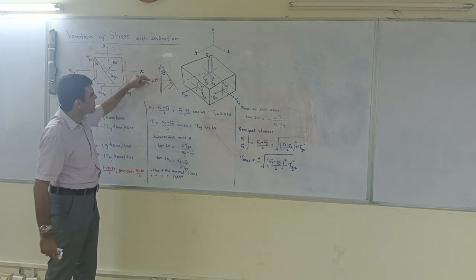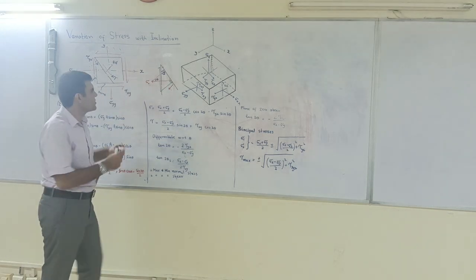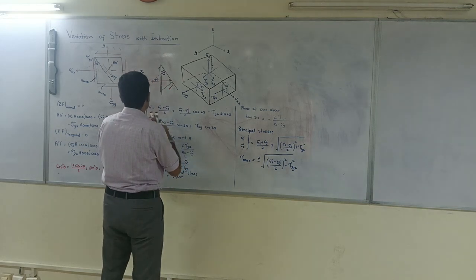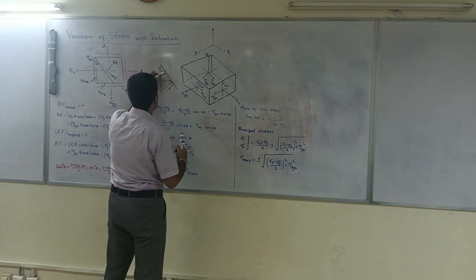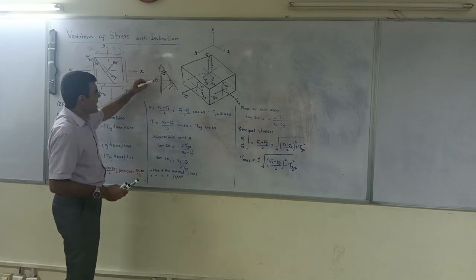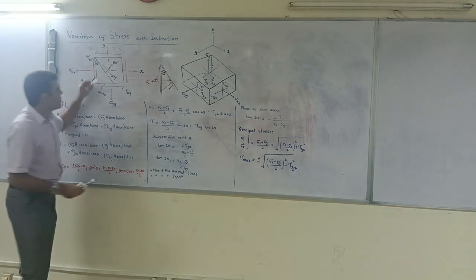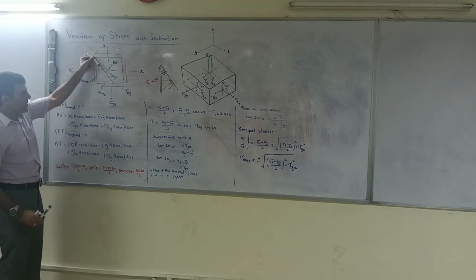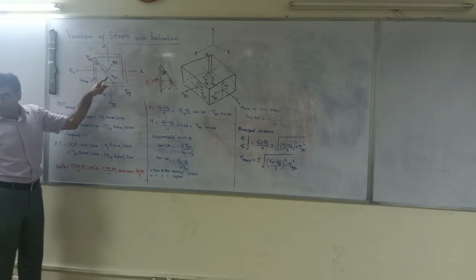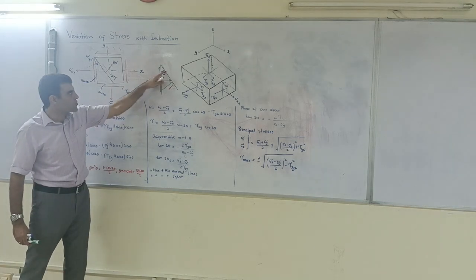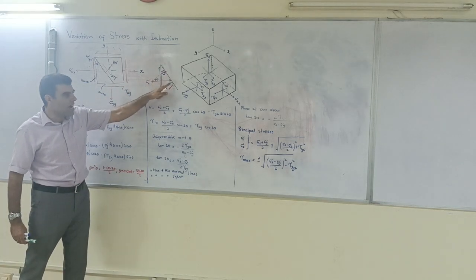The tangential for this one is like this and like that. Now the tangential one on this side must be opposite to the tau. So you can see that the resultant, which is this one, is opposite to the tau.